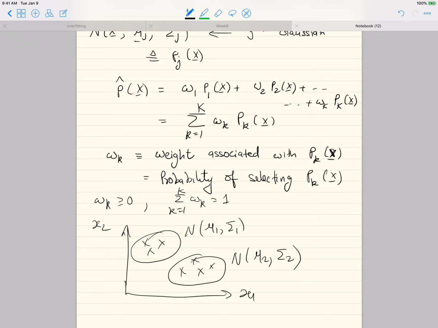If the weights are half and half, then with probability half you end up in this cluster and you sample using this density. With probability half you end up in this cluster and you sample with this density here. That's the idea. Any questions?